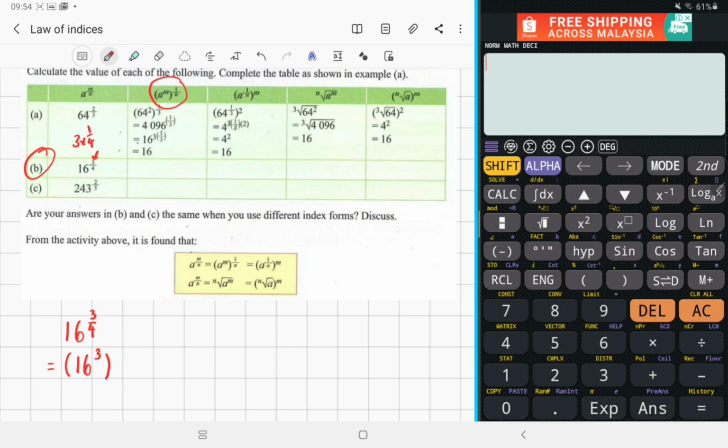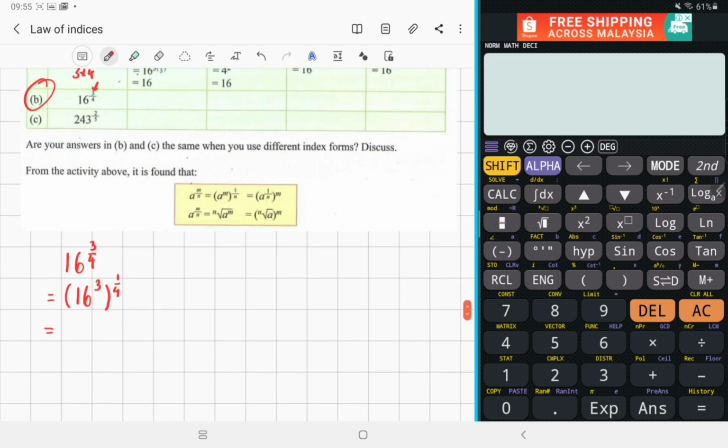Then close the bracket, to the power of 1 over 4. Then it equals 16 to the power of 3, which is 4096, to the power of 1 over 4.